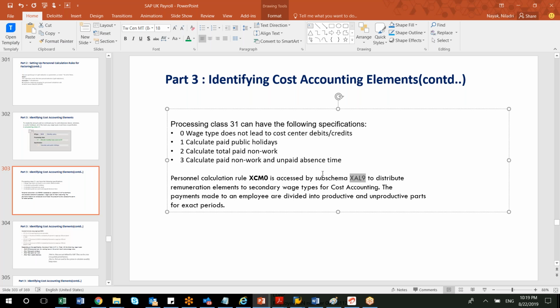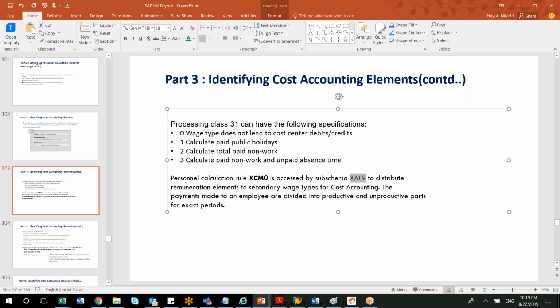But whatever processing class you are using, you can visualize it by going through the schema. If you face any issues when doing the finance posting, or discrepancies happen in the payroll due to a cost center change or a split, you can go to this schema and identify it.